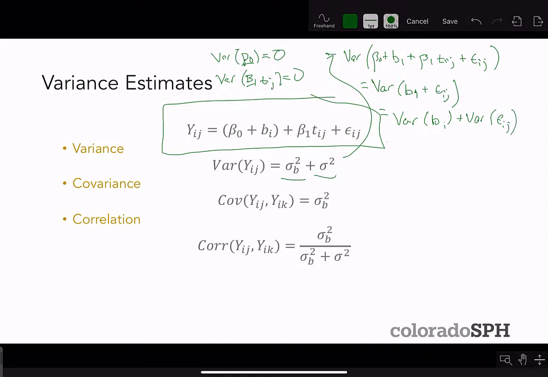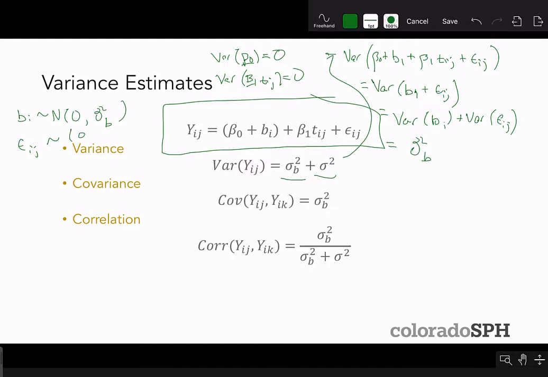And then also from the assumptions of this model, we said that the bi's have a normal distribution with variance sigma squared b. So that's going to be sigma squared b. And we also said that the epsilons have a normal distribution with mean 0 and variance sigma squared. So that means that the variance of epsilon is going to be sigma squared. So that's where that variance is coming from for the Yij.